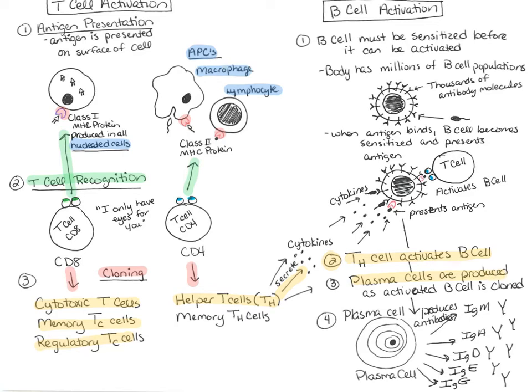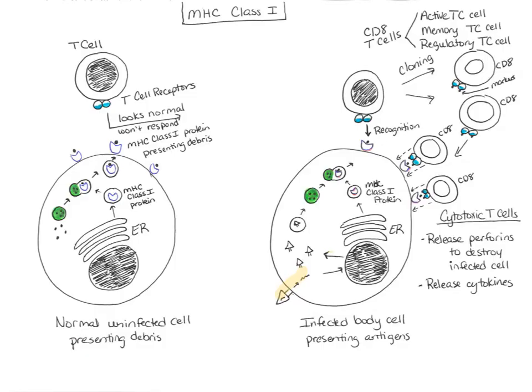Plasma cells produce antibodies, and there are 5 different types of antibodies. So we're going to work our way through this whole process so that you can see it a little bit slower and see what's going on. We're going to start with looking at the T cell here.